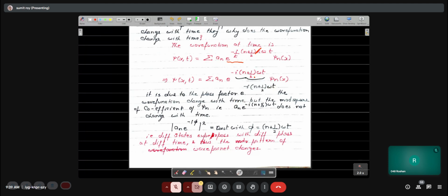ये फैक्टर के कारण ये वेव फंक्शन टाइम के साथ चेंज कर जाता है.